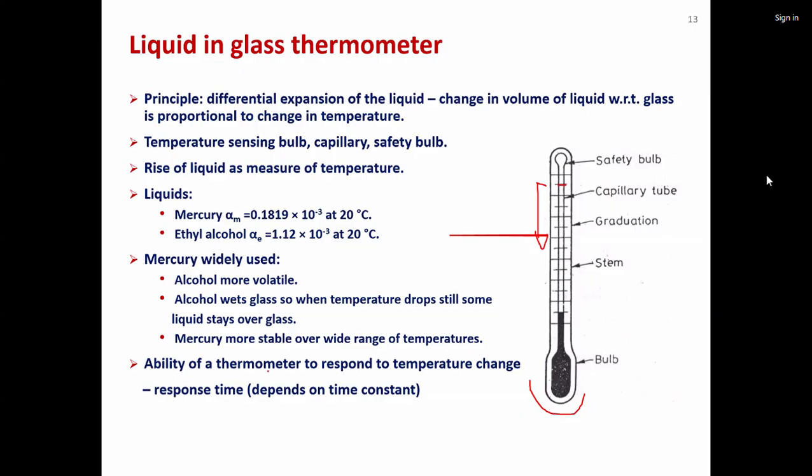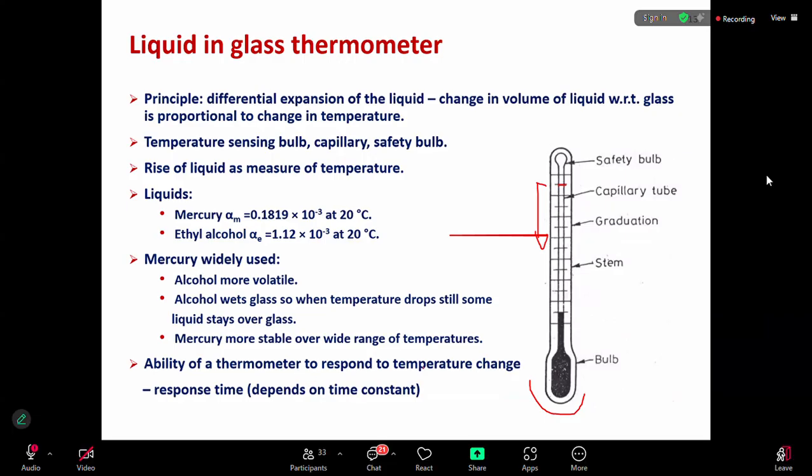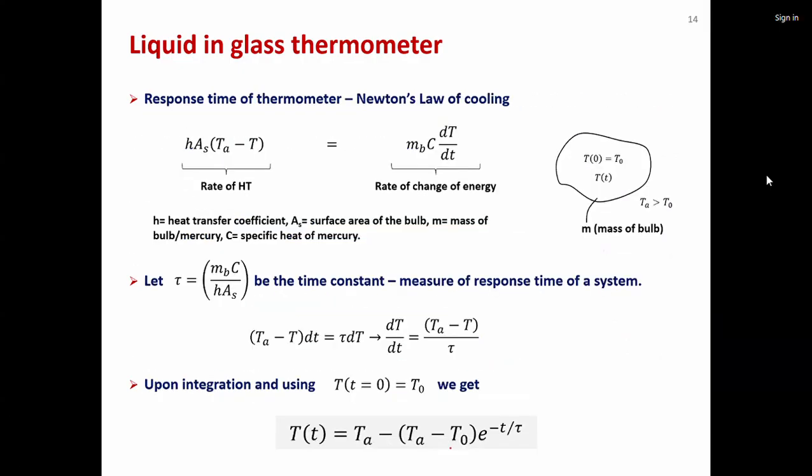The ability of a thermometer to respond to the temperature change is given by what is called response time. And the response time depends on the time constant. In fact, for a thermometer, we can estimate the response time from Newton's law of cooling.